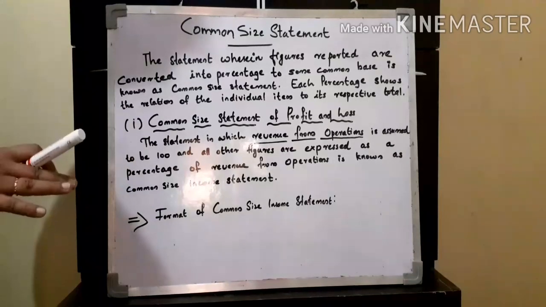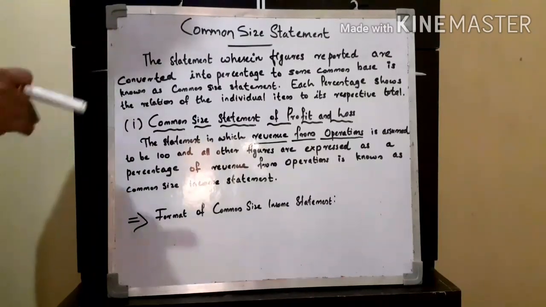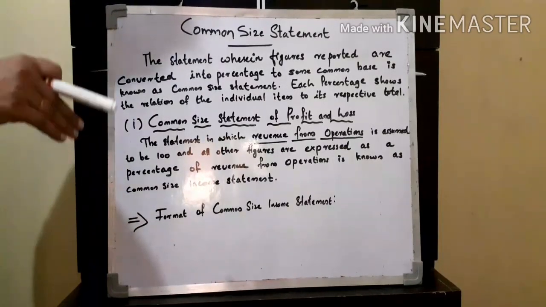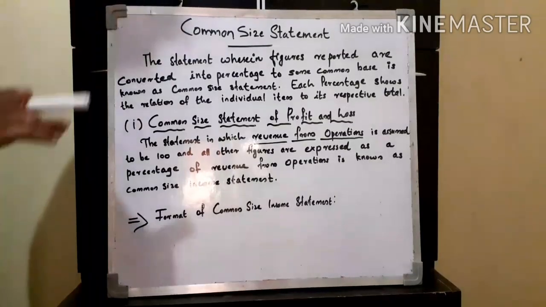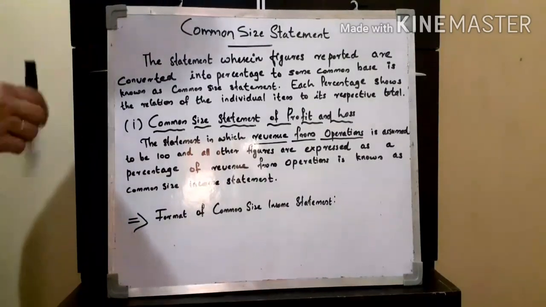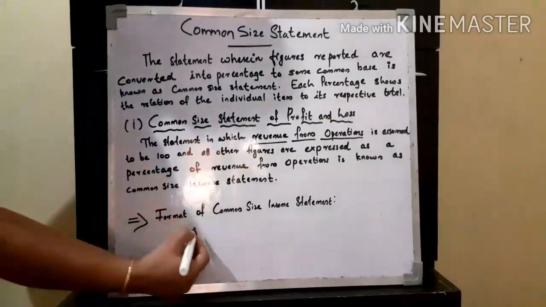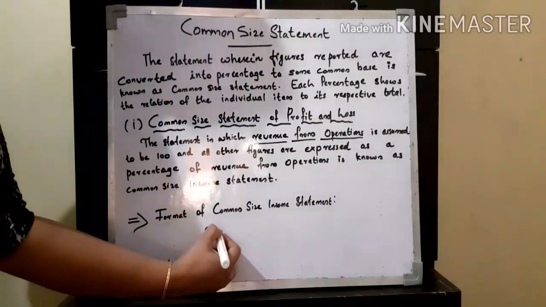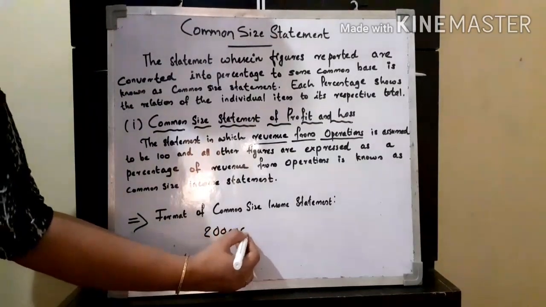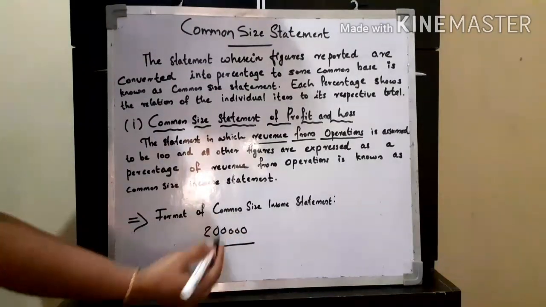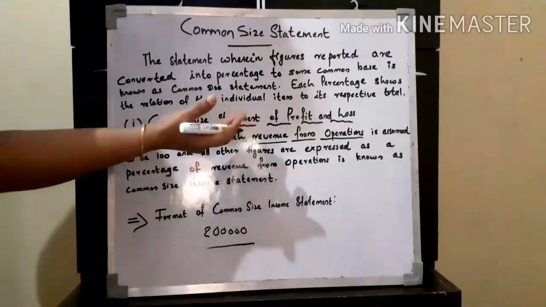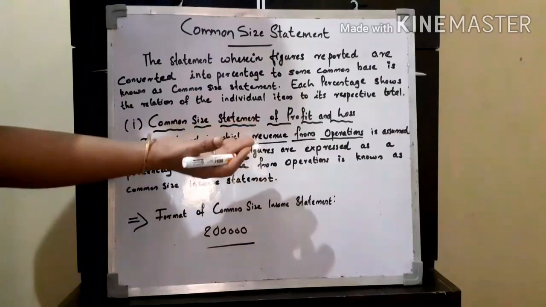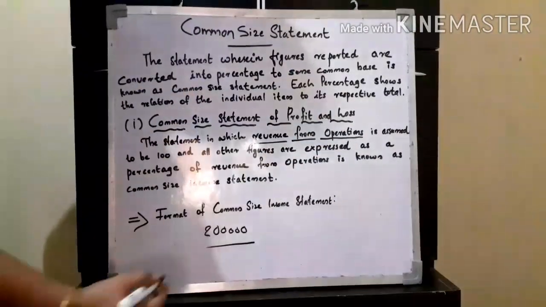Suppose one example, in the revenue item, other income comes under the revenue. Other income 2 lakhs. Then revenue from operations, as per our common size statement of profit and loss, the base is revenue from operations.